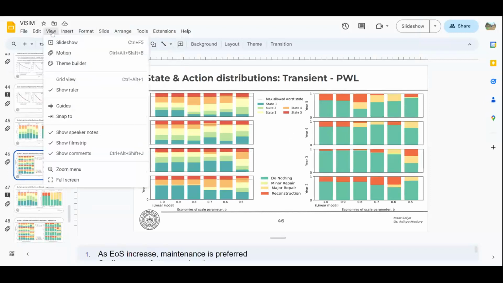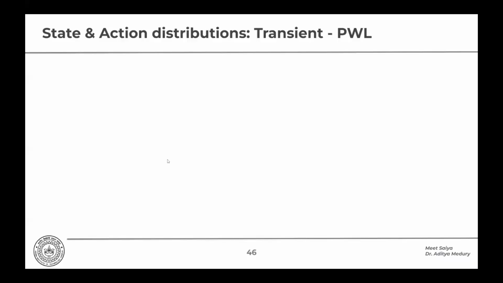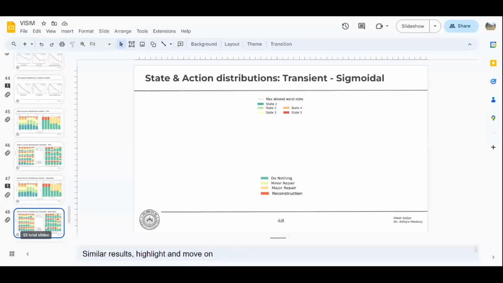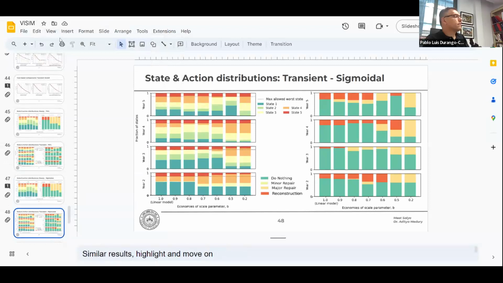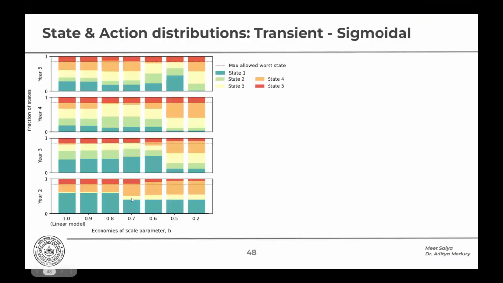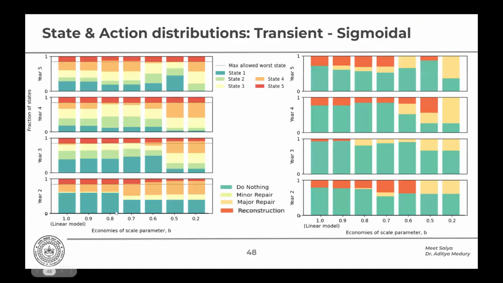So for example, this is one of the transient states. Let's show it for sigmoid; both are the same, but this is a bit nicer. Here is a snapshot from year 2 to year 5, and the economies of scale are going from say 1 to 0.2, so increasing from left to right.